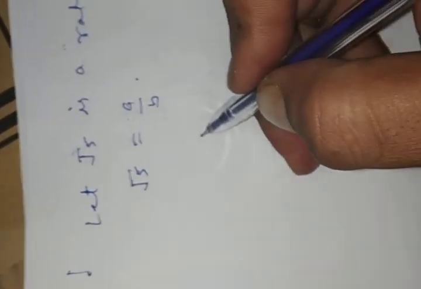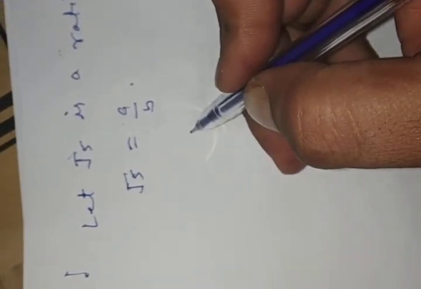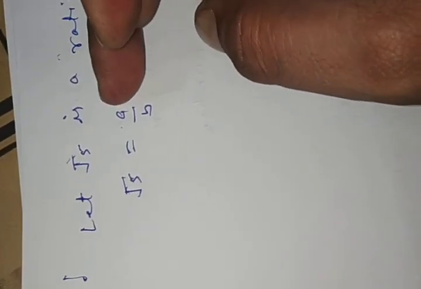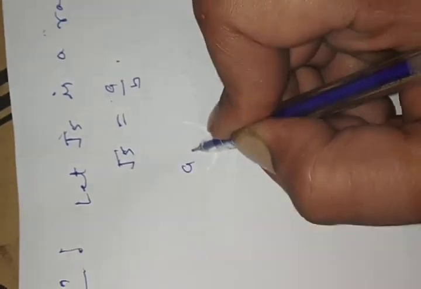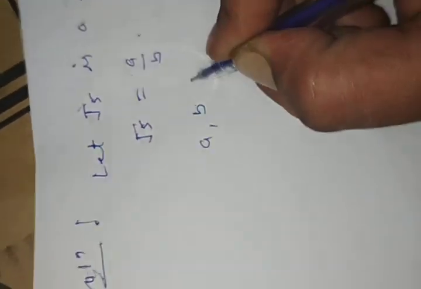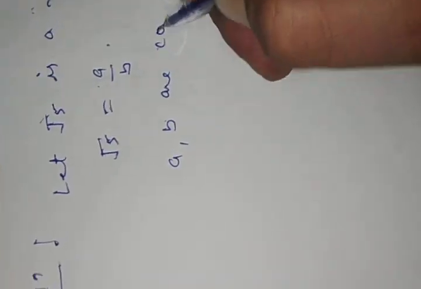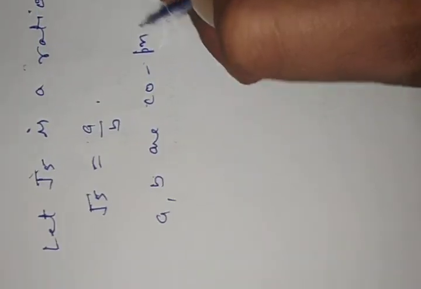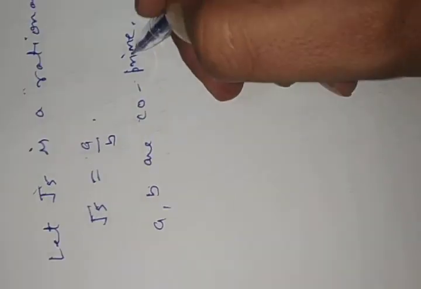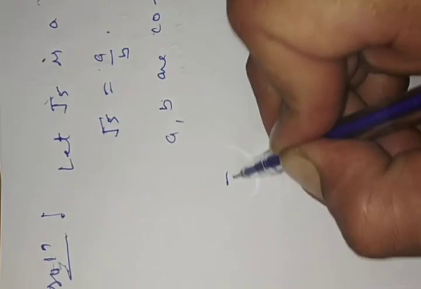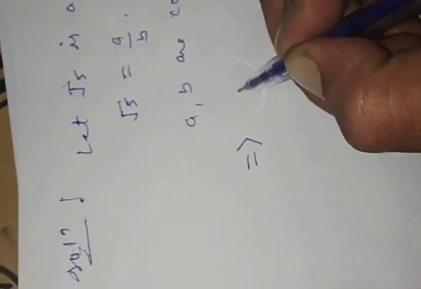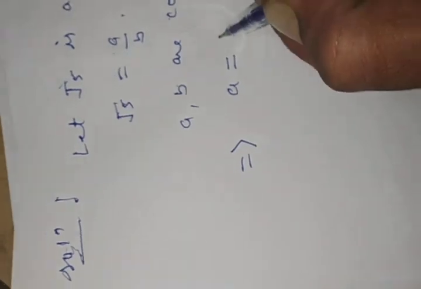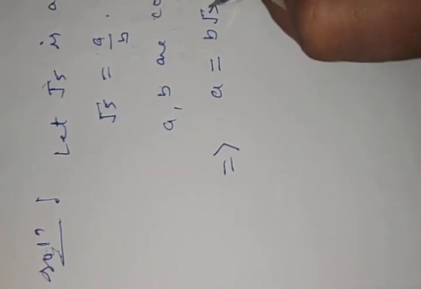Why? Any rational number can be written in the form of a upon b, where a and b are co-prime. Okay, now we can write it as a is equal to b root 5.